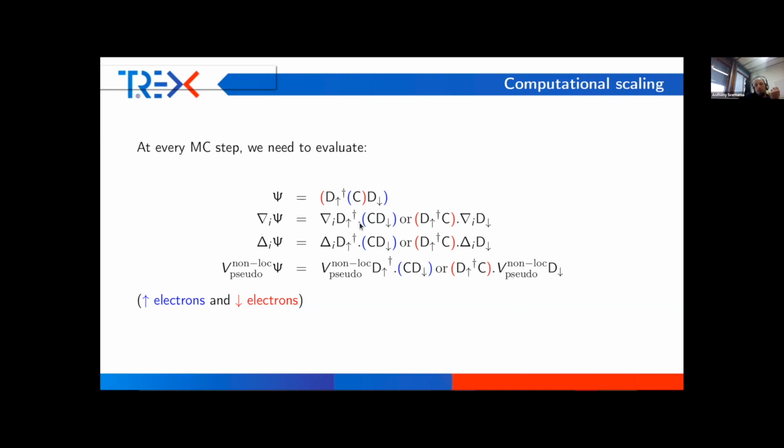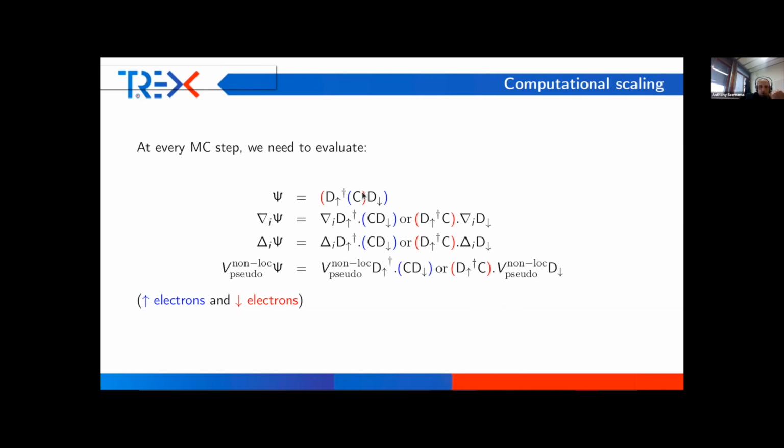And you see that here you have some common intermediates that are C multiplied by the d down vector that you can reuse here, here, and here, and d up multiplied by d up transpose multiplied by C that you can use here, here, and here. And these are necessary for the computation of the wave function.